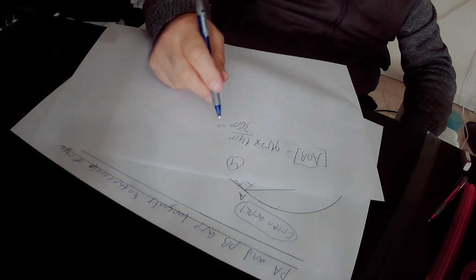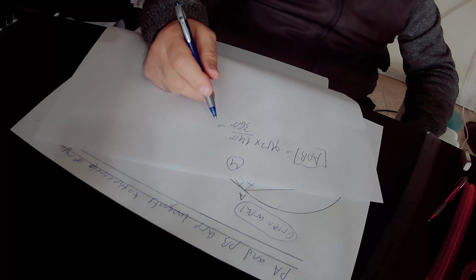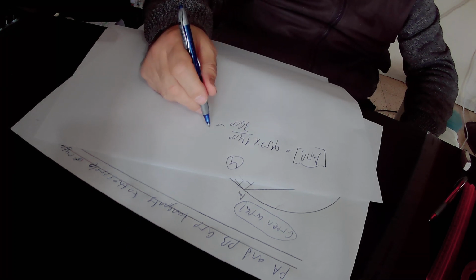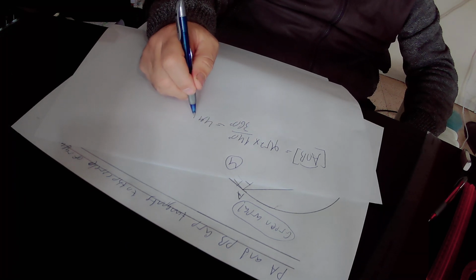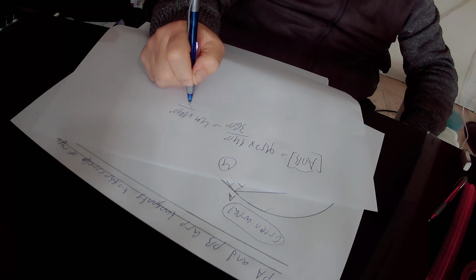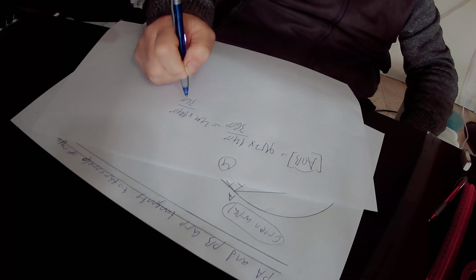So it is pi r square. R is 2, therefore r square is 2 squared, that is 4. So the area of the circle equals 4 pi times 140 degrees over 360 degrees.